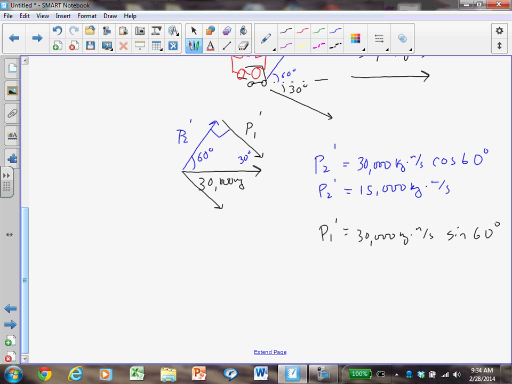That's 25,981, or square root of 3 over 2 times 30,000.